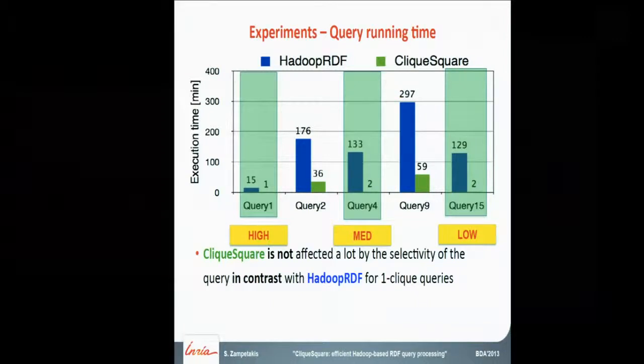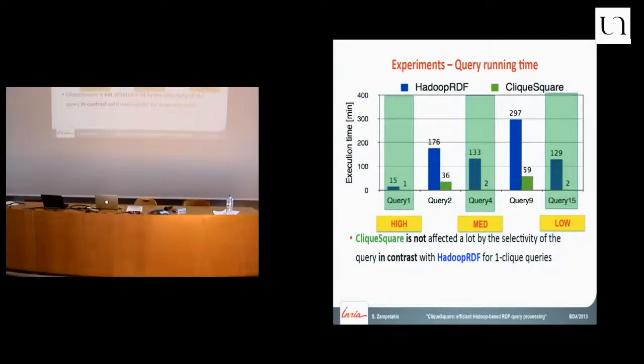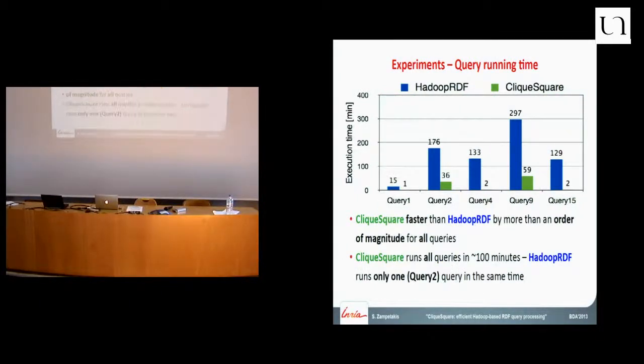Another thing to note is that for one-click queries, ClickSquare is not affected a lot by the selectivity of the query, in contrast with Hadoop RDF. This happens because one-click queries don't send data in the network, and they can be answered in the map phase of MapReduce jobs.